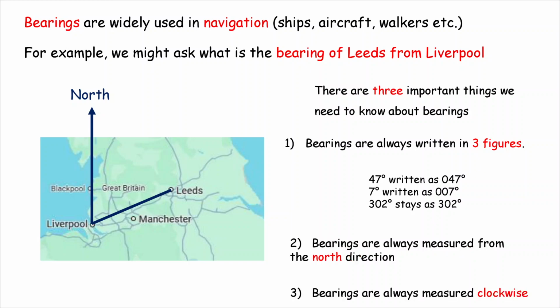And the third really important thing is this: bearings are always measured clockwise. Because we're going from Liverpool to Leeds, you are measuring this angle. This here is clockwise. Clockwise, just so we know, is literally the way that a clock goes. If you've got a clock with your numbers on it, that would be 12, 1, 2, 3, and so on and so forth.